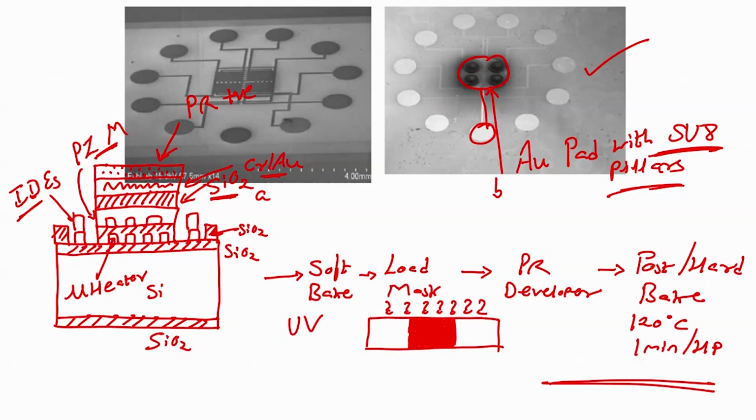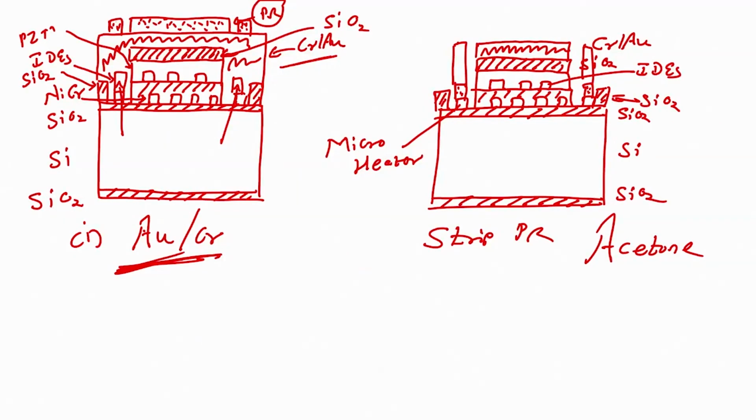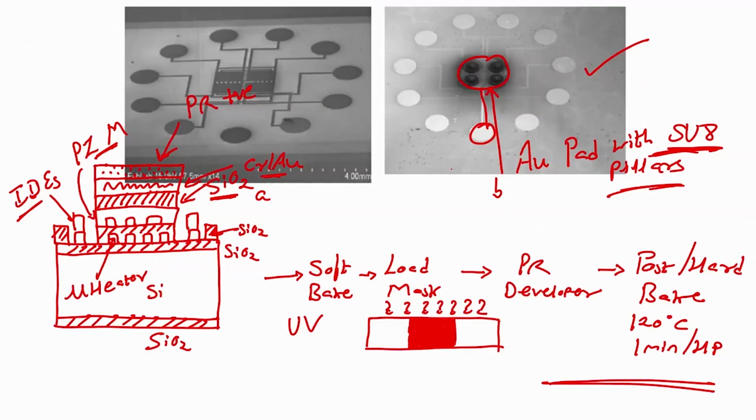So, what is the next step? Next step is that we have to now pattern SU8 to form this particular structure, which are like pillars of SU8. How can we do that? This we will see in the next module.